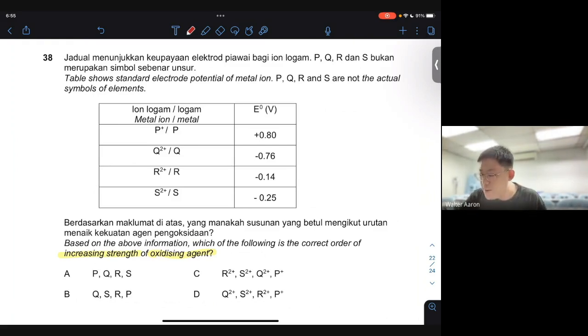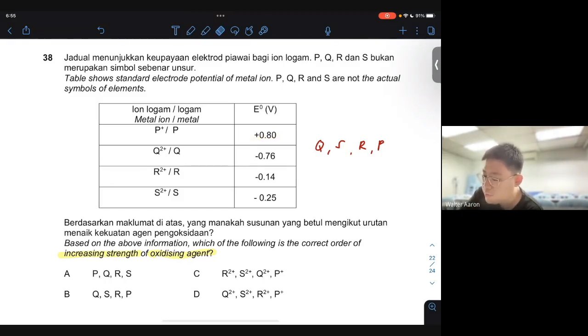So I would say the worst oxidizing agent will be Q. Followed by the next one should be S, and then R, and then P. This is in terms of increasing strength of oxidizing agent. Meaning to say P is technically the best because it has a positive value.